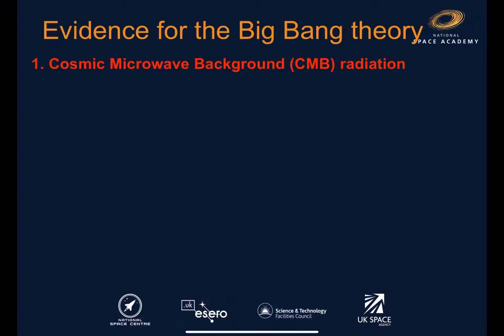The other is cosmic microwave background radiation. This is radiation that we think is massively redshifted radiation from the moment of the Big Bang. Essentially, it's everywhere, it's coming from every direction, and it's at the right frequency we would expect based on our models of when the Big Bang occurred and how much it would be redshifted by.